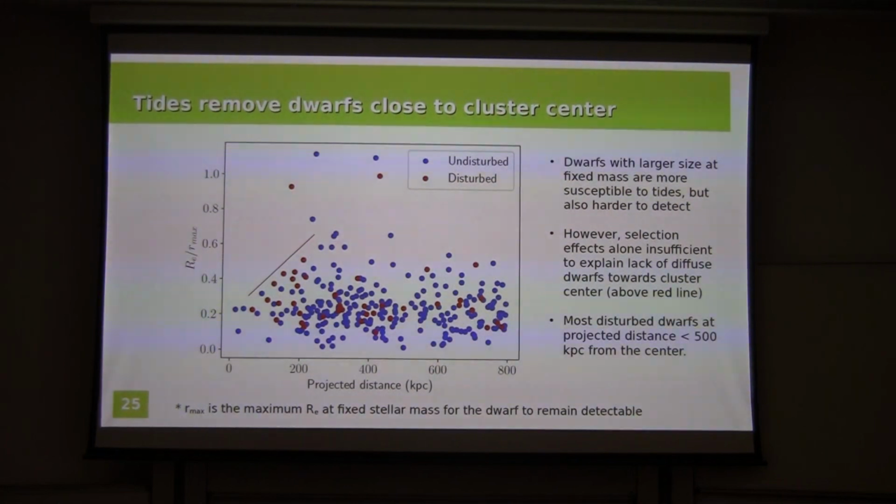So I think there would be a significant difference, and in that case the dwarfs would be a lot less tidally susceptible. I don't know whether that would violate the agreement with observations you had here.